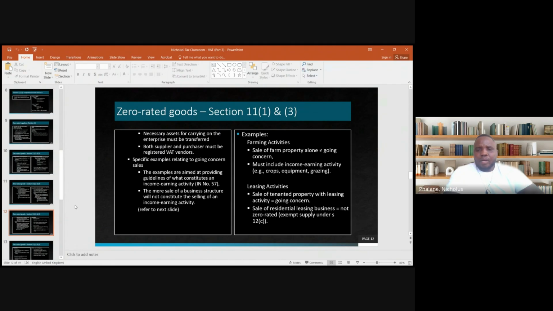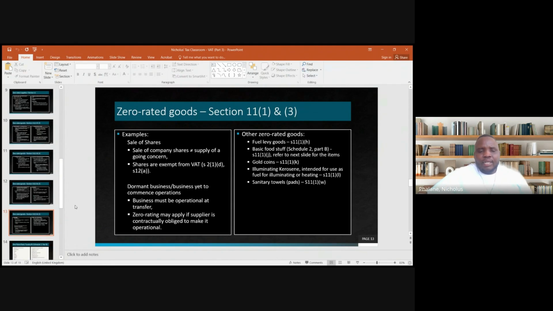Then sale of shares. Obviously, sale of shares cannot be a supply of a going concern. Remember, shares are exempt in terms of Section 12. Remember Section 2(1)(d), we spoke about this when we were looking at activities that are deemed to be financial services, right?